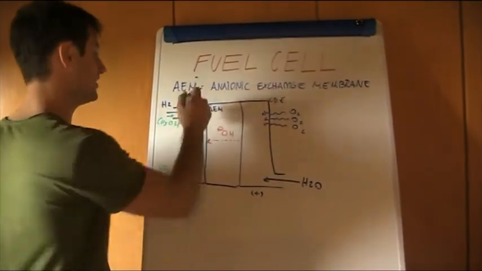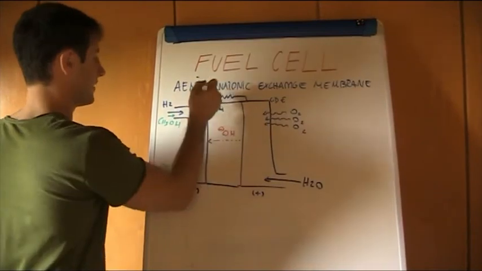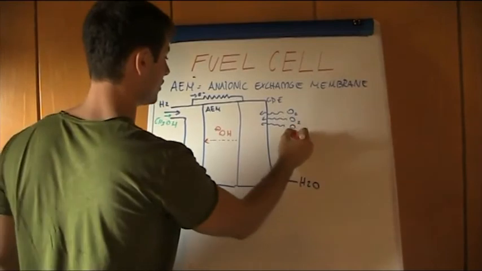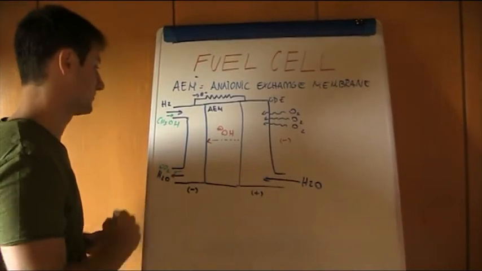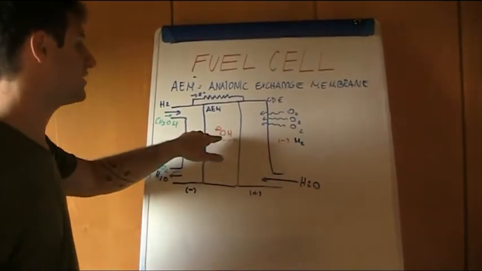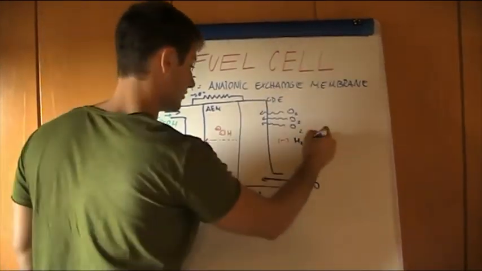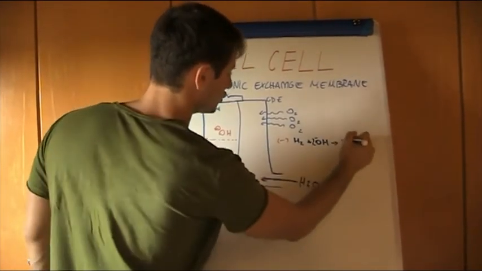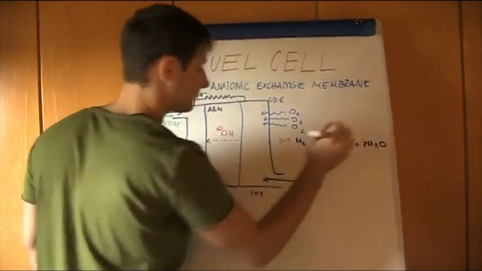Why? Because when we are closing the circuit, in the negative pole, let's focus our attention on the use of hydrogen. Hydrogen can react with the OH minus generated as a product of the reduction, 2 times, and we have 2 electrons released plus 2 of water.